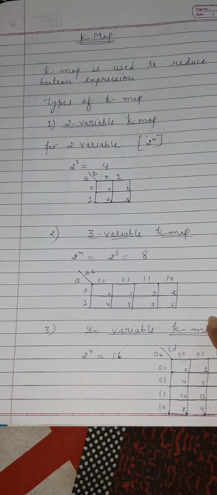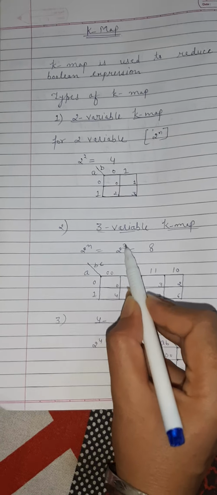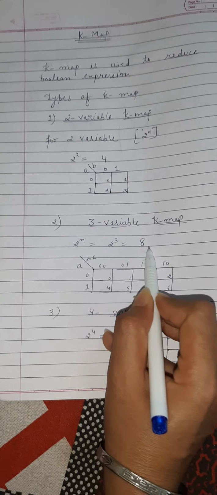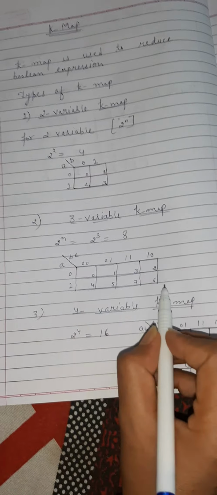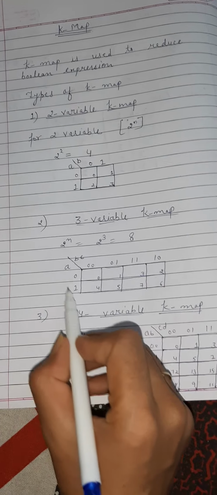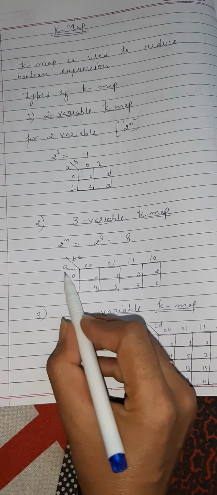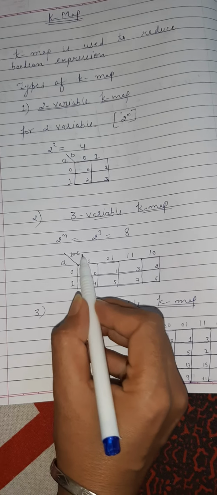Similarly, now comes the 3 variable K-map. For 3 variables, 2 raised to power 3 is equal to 8. That means we have to make an 8 box K-map. For 8 boxes, we take 3 variables. So we will create a K-map like this, and the 3 variables can be written as a, b, c.